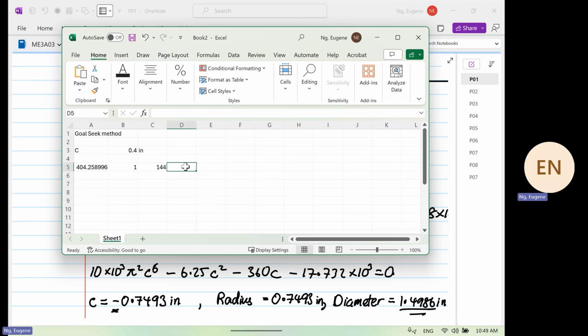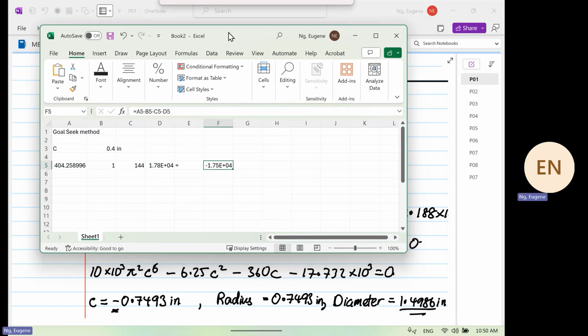And then the last term is 17.73732e to the power 3. So the whole thing will be equal to this minus this minus this minus this.